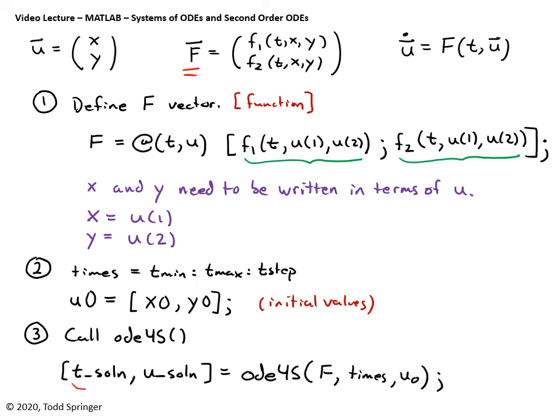Again, all the solutions are stored here. And then everything else is pretty straightforward. So really the hard part is writing the right-hand side of your system of ODEs in this form. That's the part that's the trickiest. After that, the modifications are very, very straightforward.